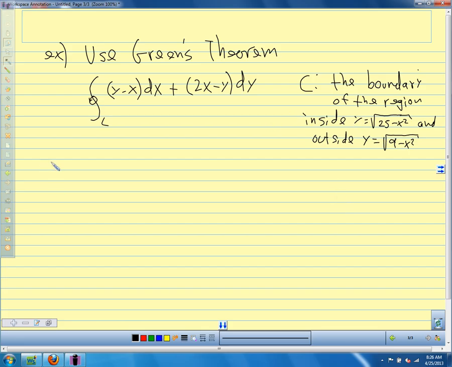So let's make a sketch of this region. y equals the square root of 25 minus x squared. What is that curve? It's a circle of radius 5, and we're assuming the positive square root, so it's the top half of a circle of radius 5. So we have something like this.